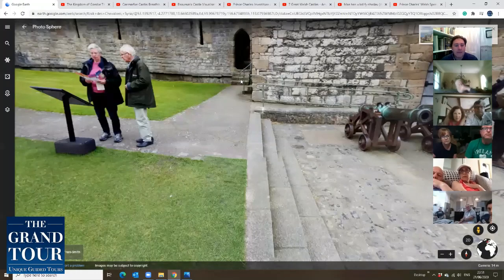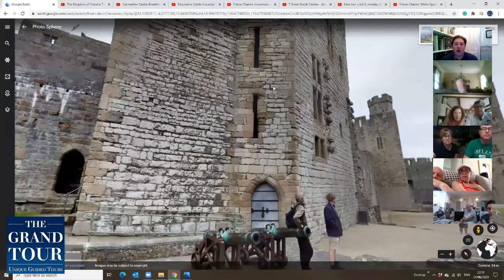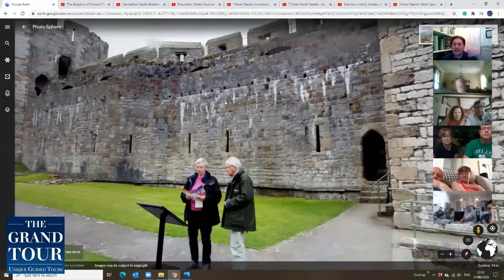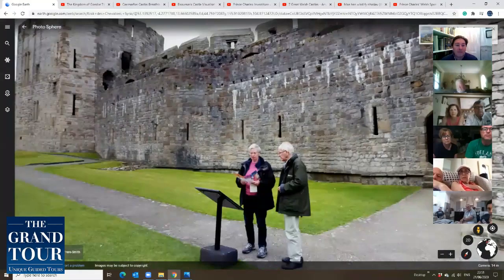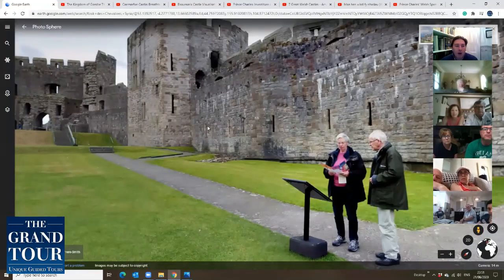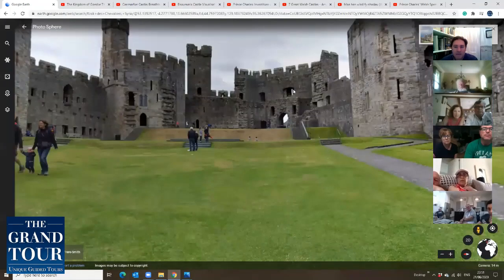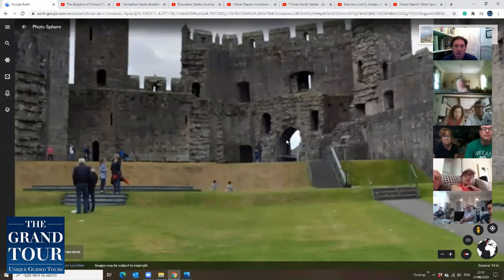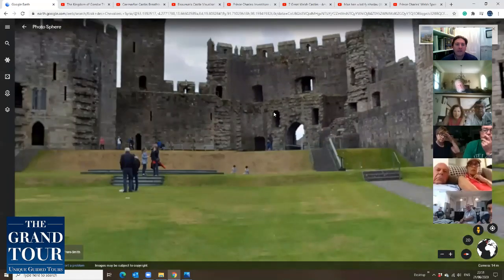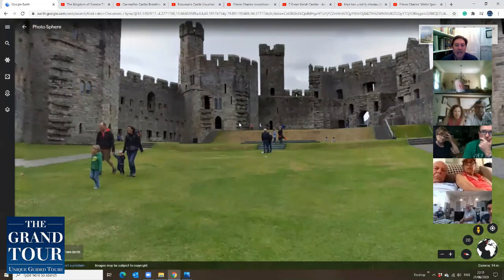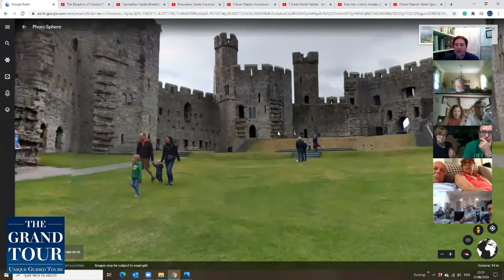Anyway, up there are some large windows that overlook the coast and the sea. They would have had large windows for that, plus a number of other openings. You could see them here, a much larger opening, and a number of openings in order to be able to shoot at different angles with the bow and arrow.